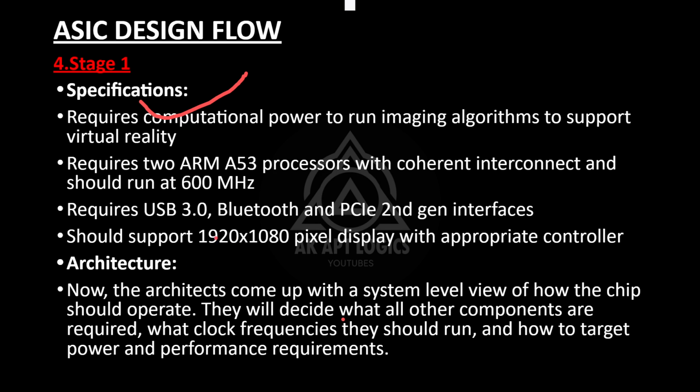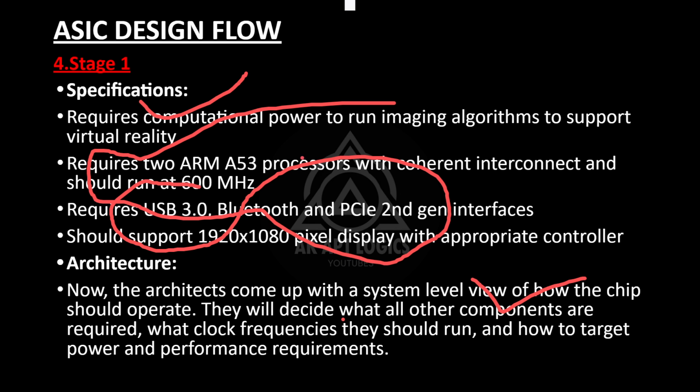In this, there will be architects, and they will come up with the system level view of how the chip should operate. They will decide what other components are required. It means after the specification is given, with these particular components and this particular speed and the requirements by the user, they will design a system level thing.